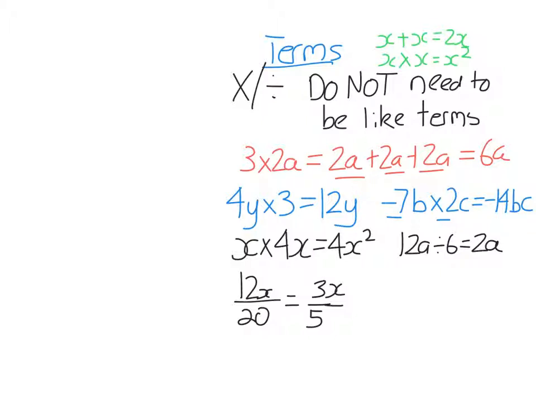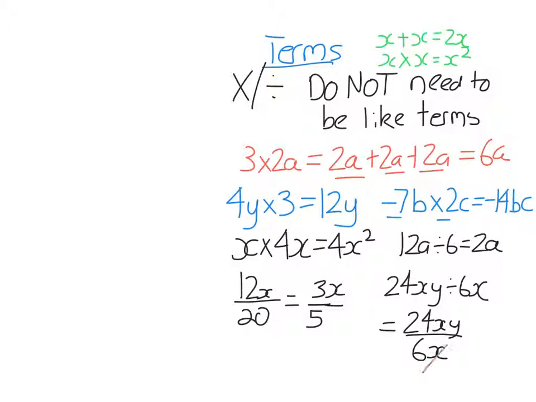Now, if I have something like 24xy divided by 6x, sometimes when you're doing divisions, it's much easier to write as a fraction. So I can write 24xy over 6x. Now, when you're simplifying fractions, remember you can cross out common factors.